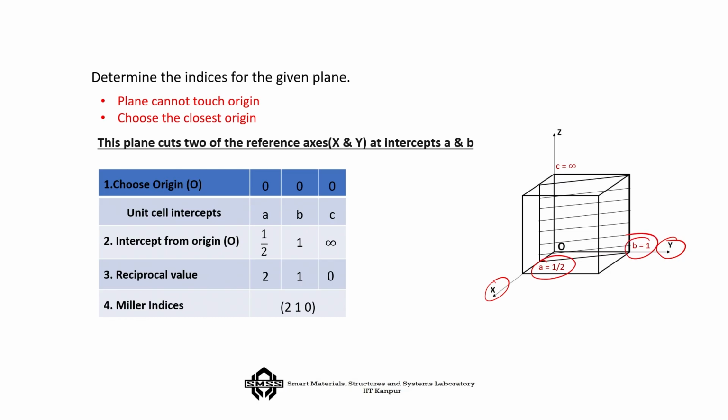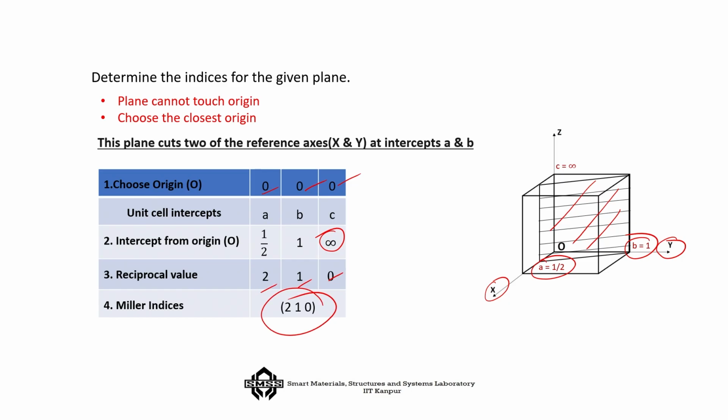This plane is not cutting the c axis at all, so it is sort of parallel to that axis. So, choose the origin 0 0 0 that you have done. The unit cell intercepts are a, b, c, but c is infinity. A is half, b is 1. Multiply by 2, it becomes 2 1 0. So, the Miller index would become 2 1 0.